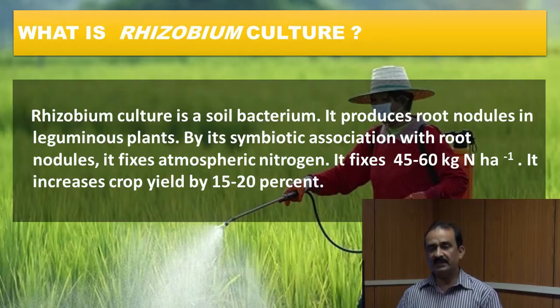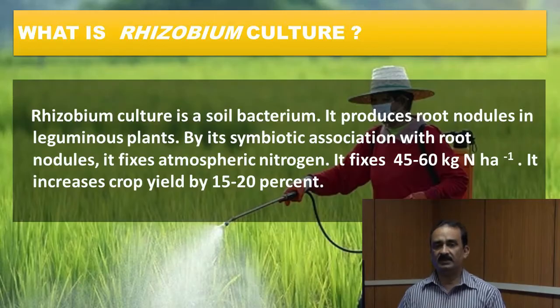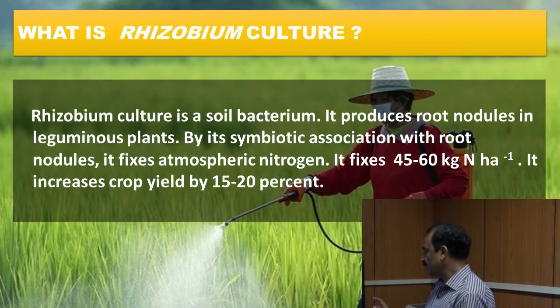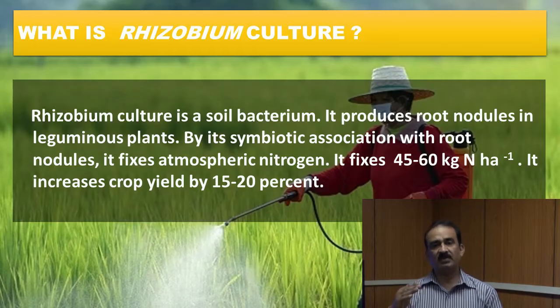You can increase crop yield 15 to 20% through this biofertilizer. It is very important. With its use, not only is nitrogen chemical fertilizer saved, but you can also increase the crop yield by 15 to 20%.